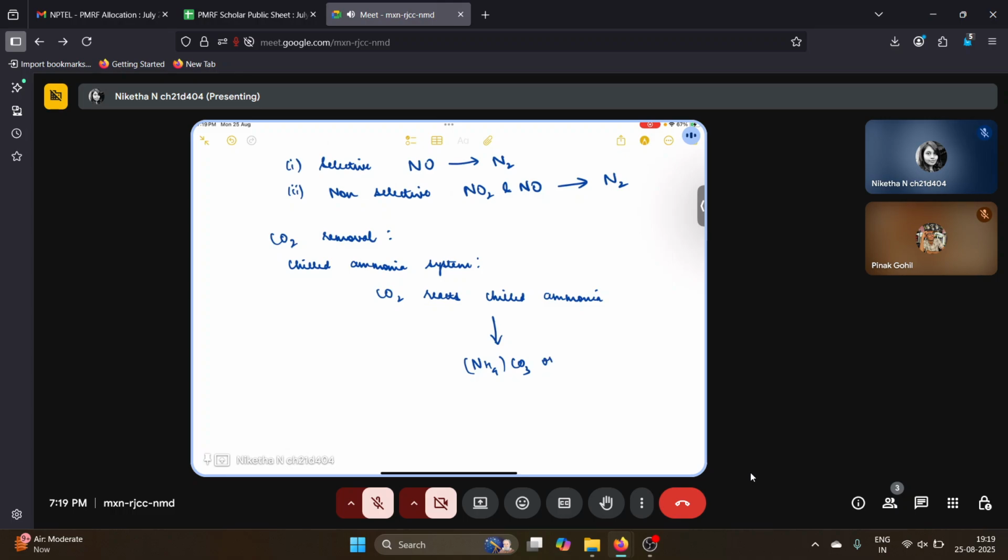So you just have to reduce the temperature of ammonia so that it will react with CO2 and produce ammonium carbonate or bicarbonate.